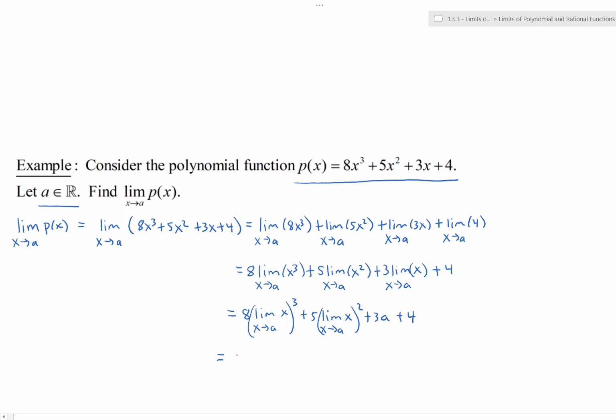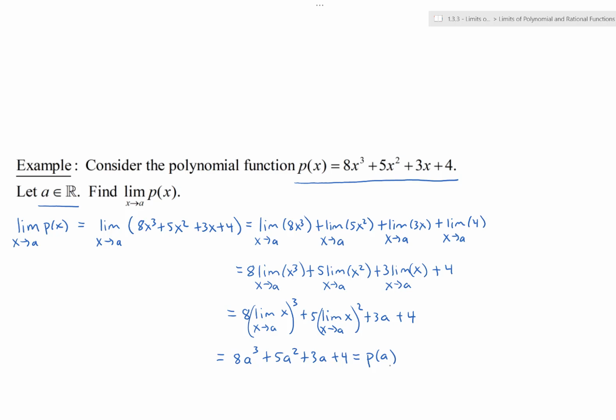We just get a, so we get 8a cubed plus 5a squared plus 3a plus 4. And notice that indeed, as we had suggested, this is the actual value of the function p evaluated at a.